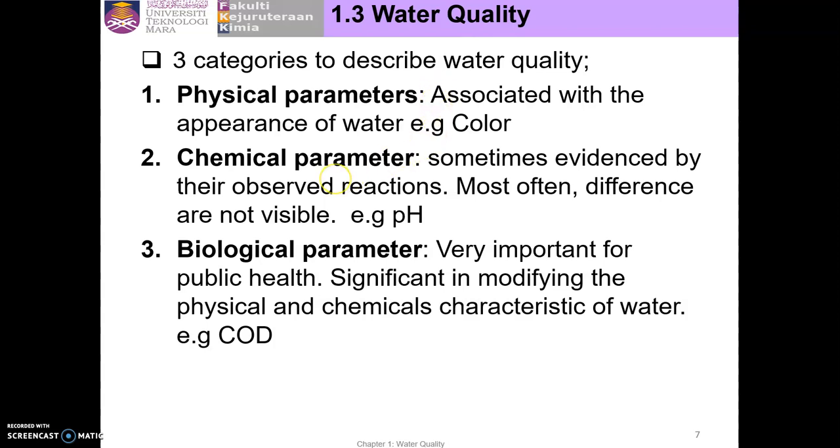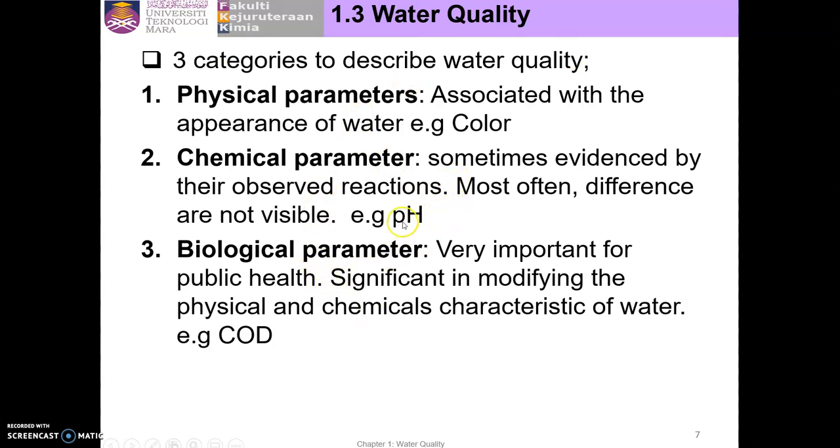Okay. And also the second parameter is a chemical parameter. Okay, so walaupun air tu bersih, you nampak jernih, tapi bila kita check, so ada chemical, so that is by having chemical parameter, kena check dulu. Tak semestinya water jernih tu bersih. Okay, so sometimes evidenced by their observed reactions.